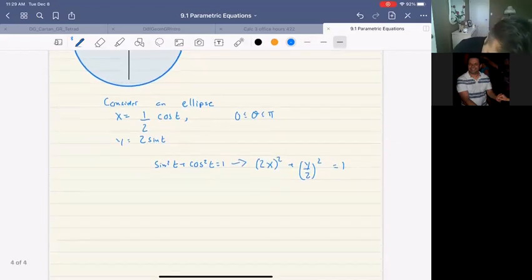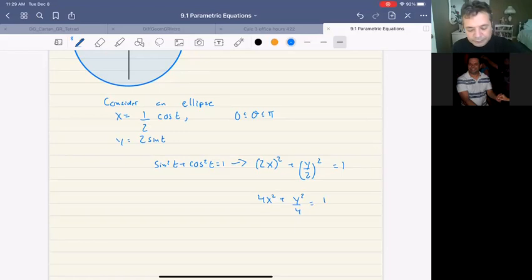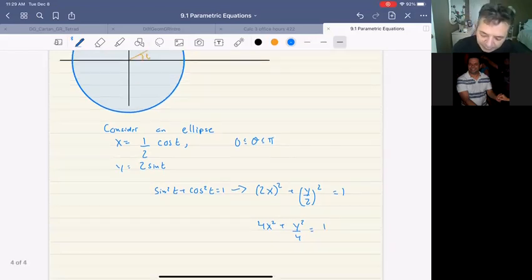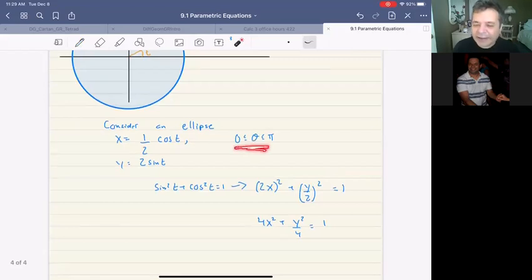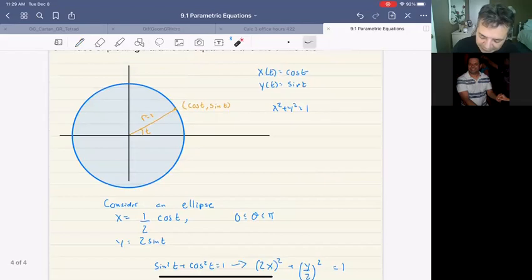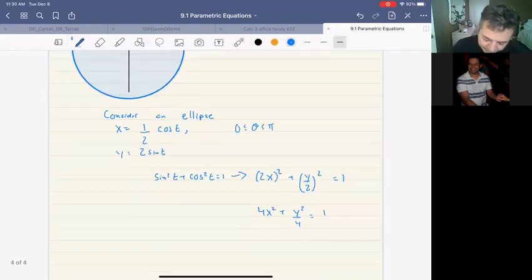So we get 4x squared plus y squared over 4 equals 1. Now, this part means we're only taking t from 0 to pi. So if we think about it from the unit circle, it's just going to be the top half of this ellipse.